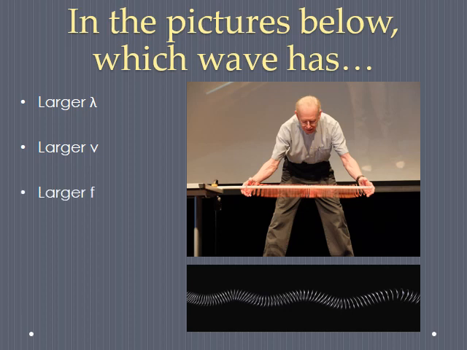The last question is, which of these two waves has a larger frequency? I'll let you pause for a second to think about that. I guess the answer is we probably can't tell for sure, but my instinct tells me that the top one probably has a higher frequency than the bottom one, because their wavelengths are pretty similar. There might be a little bit of a difference in wavelength, but they're pretty close.